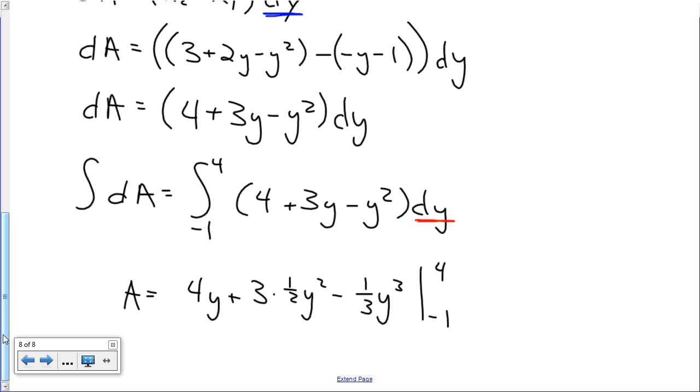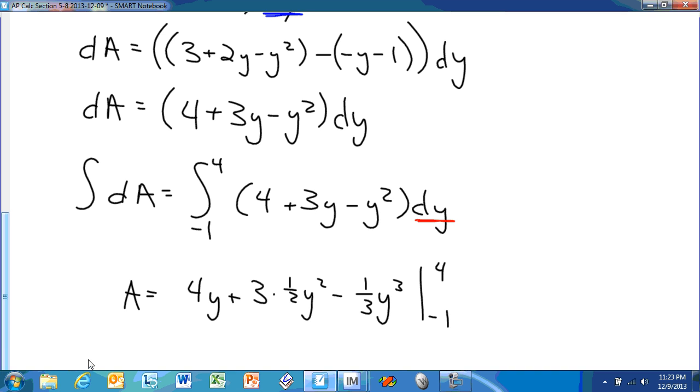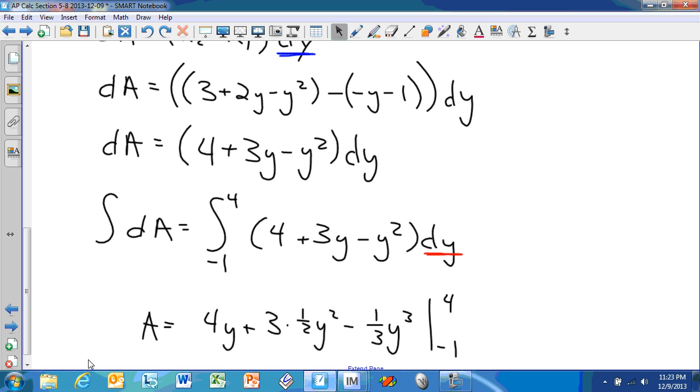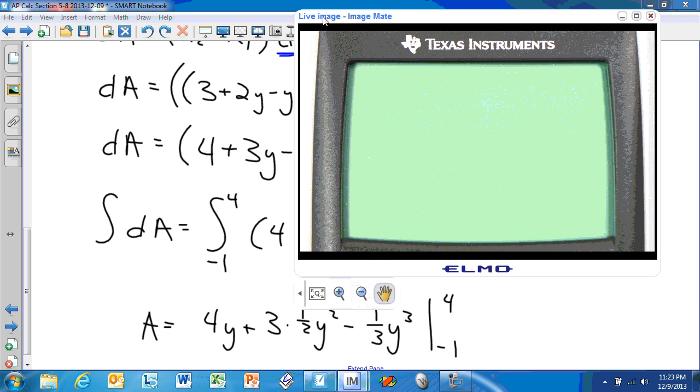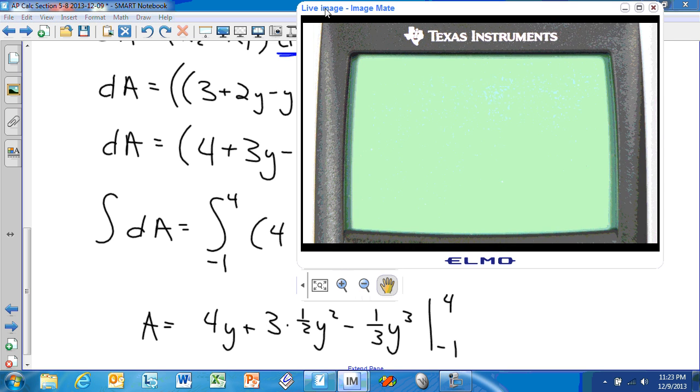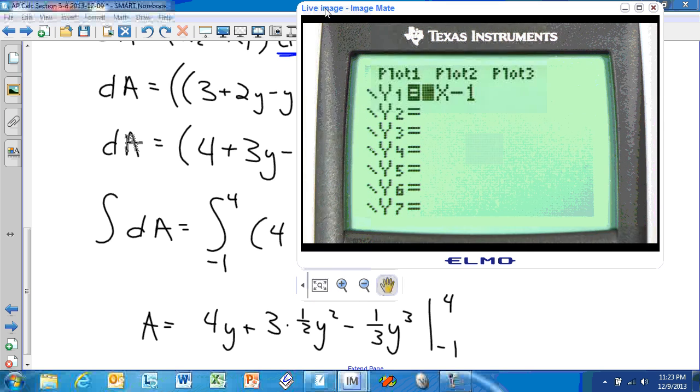This one doesn't look quite as much fun to do that with, so I'm going to show you another way we can do this, and that is to take the equation we got for the antiderivative and plug that into y1 on our calculator, and then have it evaluate y1 at 4 and negative 1 and take the difference. That's all we really want to do, so let's do that here on our calculator. I'm just going to get rid of our function.